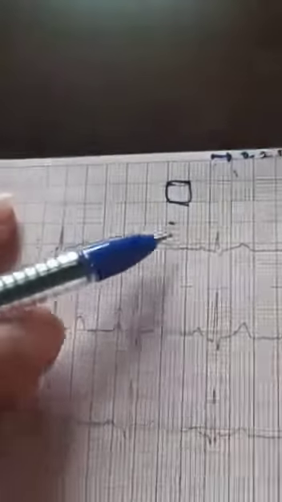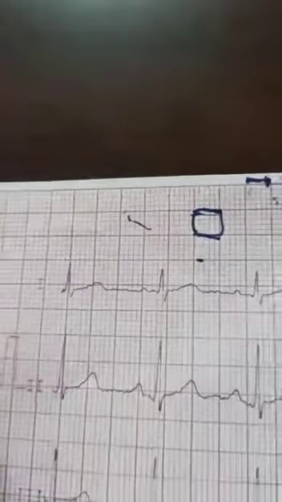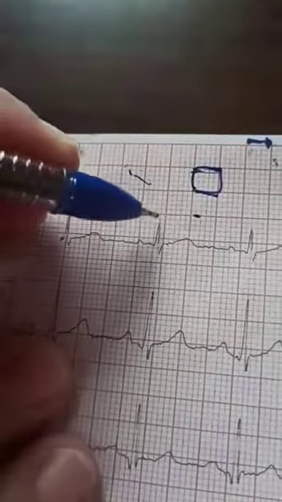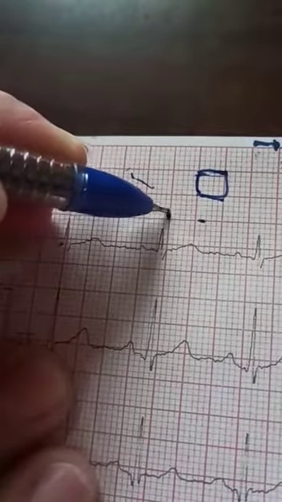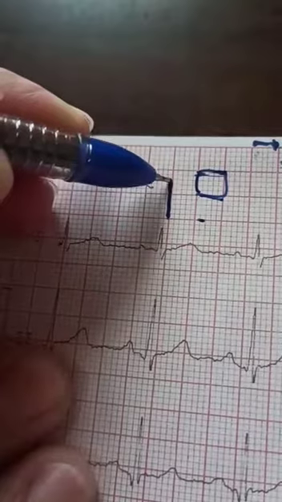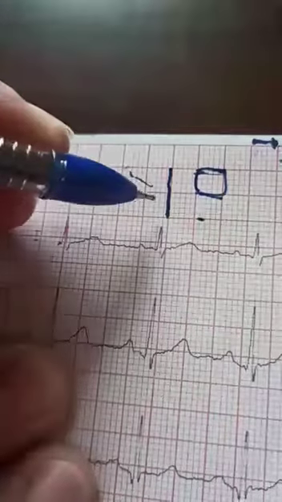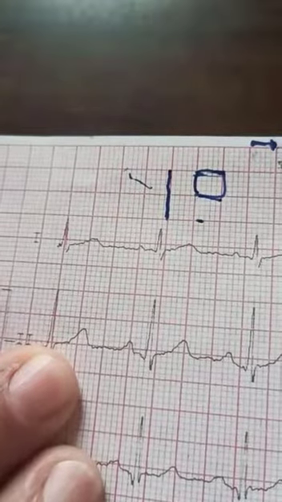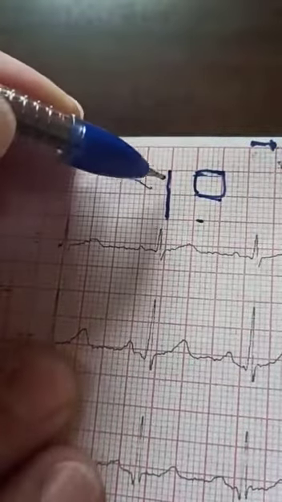Then coming to the horizontal, in the horizontal direction, because we know this small square is equal to 1 millimeter, so this is 10 millimeter, and 1 millivolt is equal to 10 small squares.